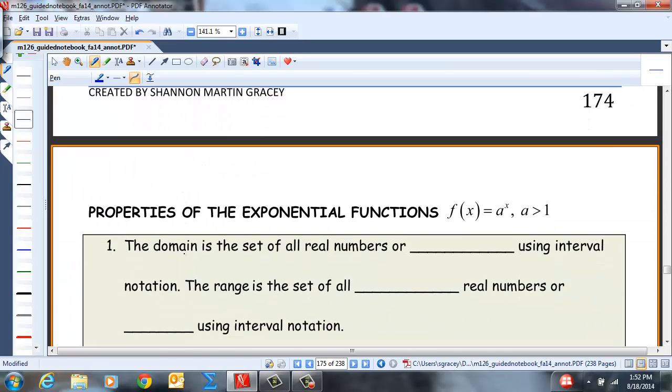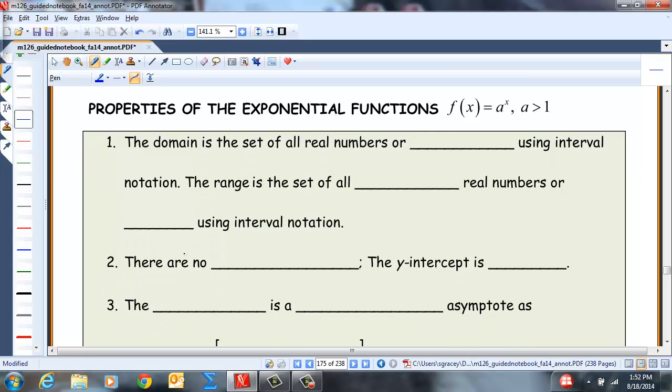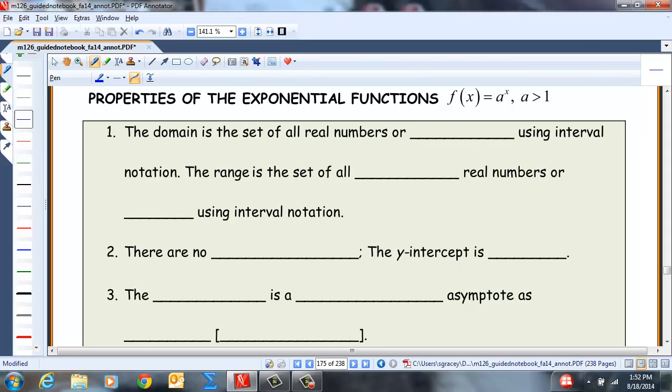Okay, so here we go. This is what we found. If you have a positive growth factor, I'm sorry, a is greater than 1, instead of being a proper fraction between 0 and 1, then this is the type of graph you'll get. The domain is the set of all real numbers, or negative infinity to infinity, using interval notation.